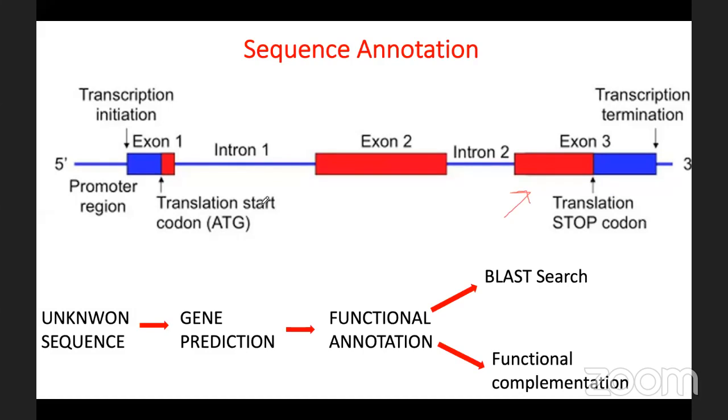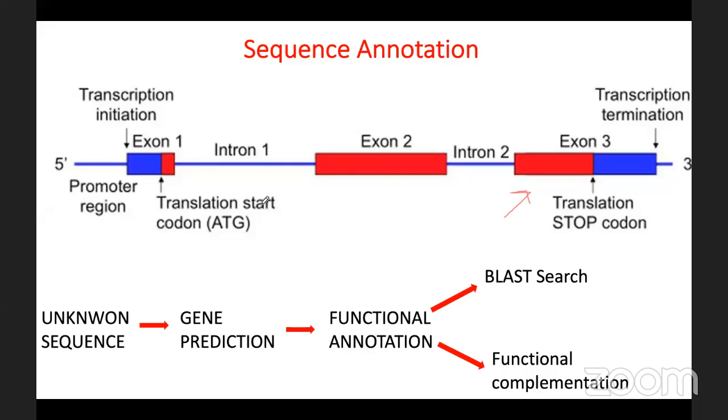Again, you require computer platforms, software. Those softwares are fed with some information, and on the basis of that information, they predict these features in your unknown sequence. Then finally, functional annotation can be done. There are two ways in which you can annotate a function to a gene.